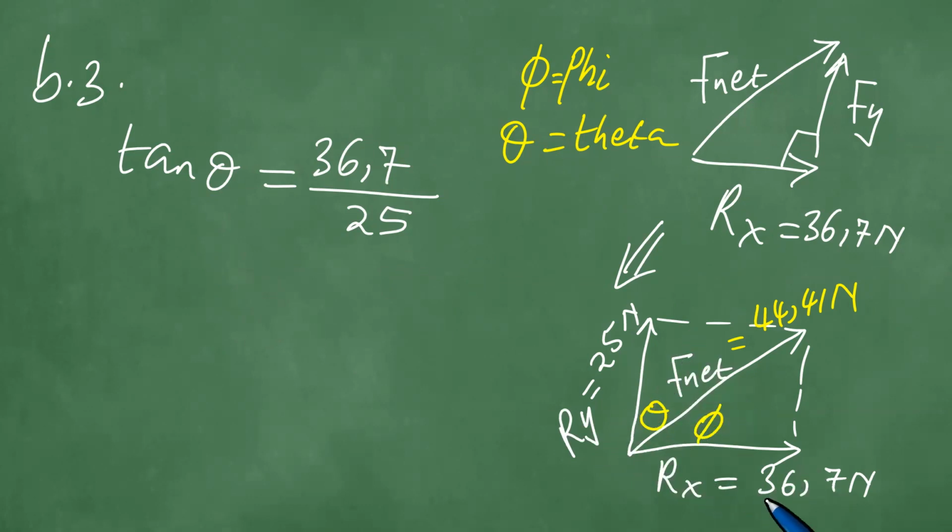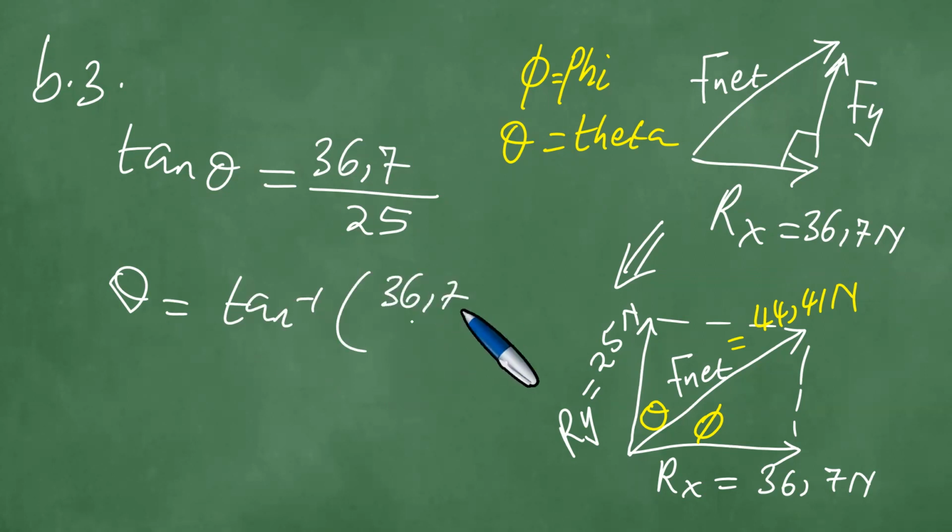Because this force here, 36.7, is parallel to this, you can imagine this being also this side, forming this side of the triangle, so that we have opposite over adjacent. Opposite is 36.7 over adjacent, which is 25 newtons. And then we use the calculator. Using the calculator, we have arctan of 36.7 divided by 25.